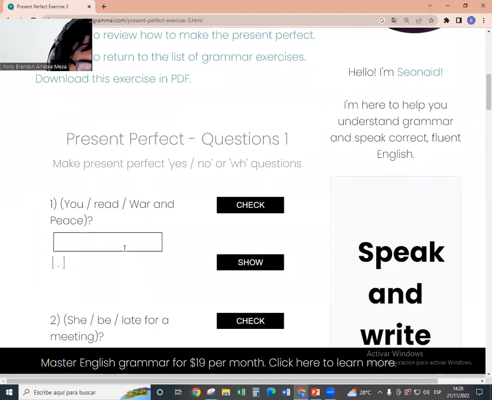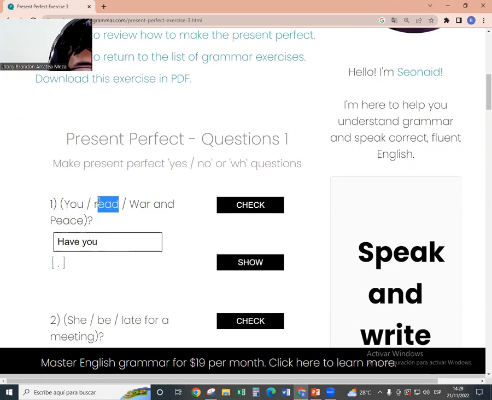For example, excuse me, Scott, what is the question for number 1? Tell me, please. What is first? Very good. The auxiliary verb in this case is have. Why have? Because we have the subject pronoun you. And then, very good, the subject pronoun. Have you?